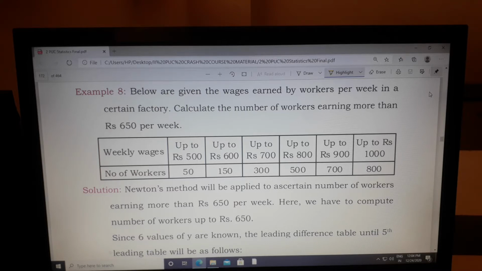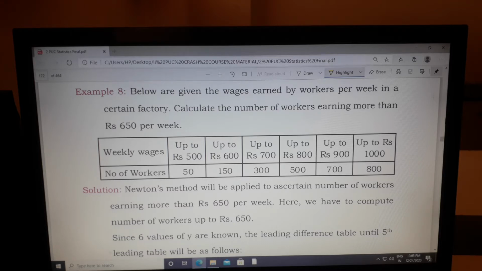It has to be given in terms of LCFs only, right? 50, 150, 300, 500, 700, 800. Generally in the LCF, the last term will be the total. Remember always, the last cumulative frequency value for up to 1000 would be the total.